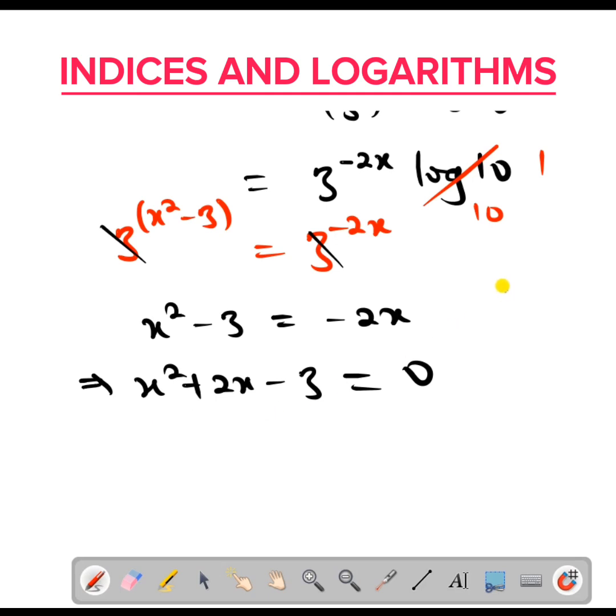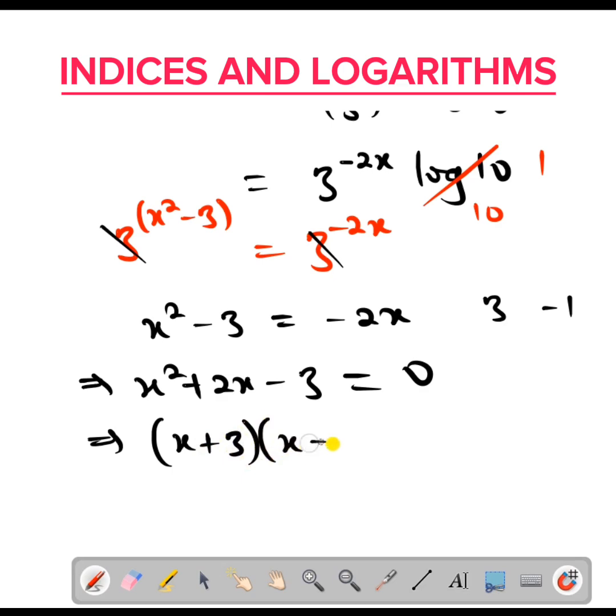So the common factors will be plus 3 and minus 1. So we'll have 3 and minus 1. Sorry, that's what you will add to get 2, and you will multiply to get minus 3. Okay, so just open your two brackets like I usually say, and then add the two factors.